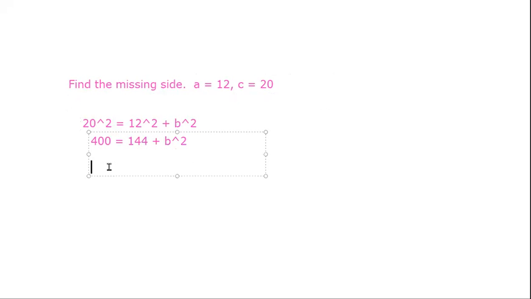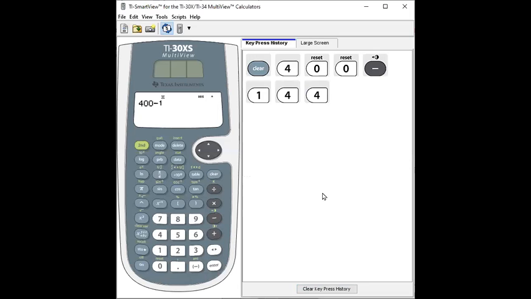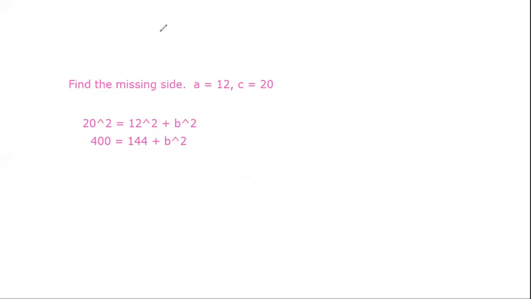Subtract 144 from each side. 256 equals B squared.